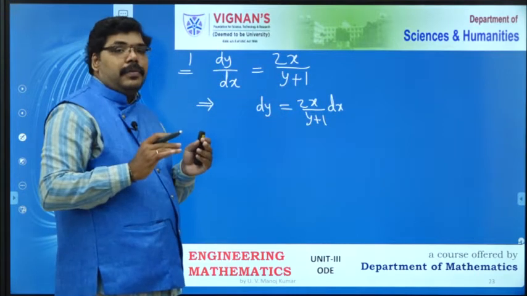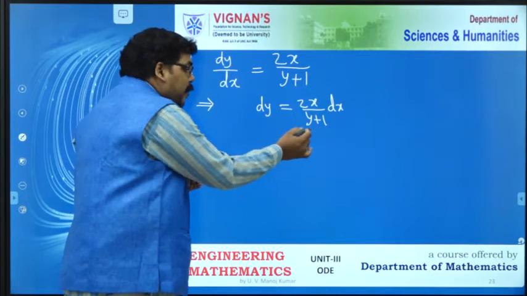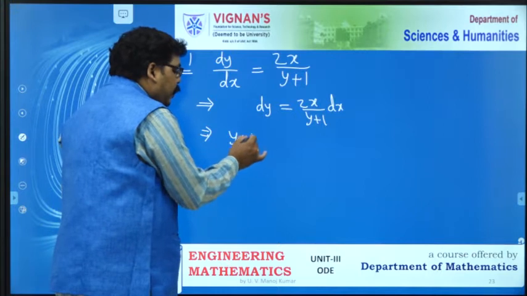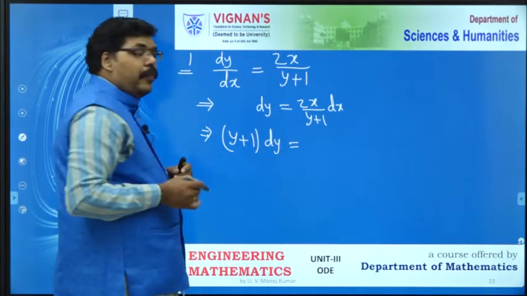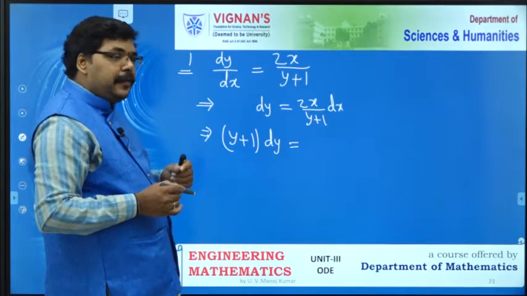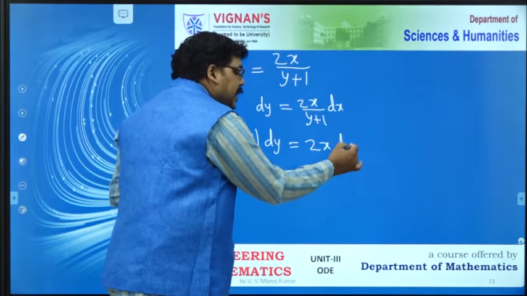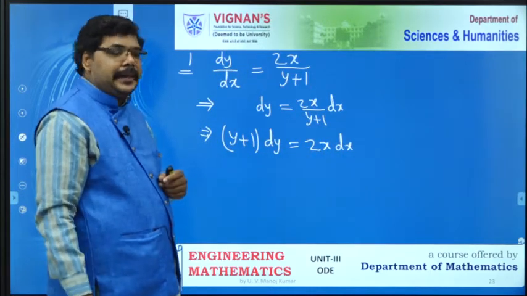Now I want to write this y plus 1 to the other side. So I will get y plus 1 dy equals 2x dx. So variables are separated.